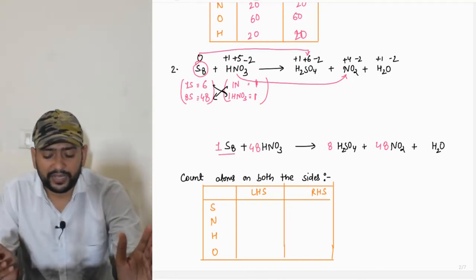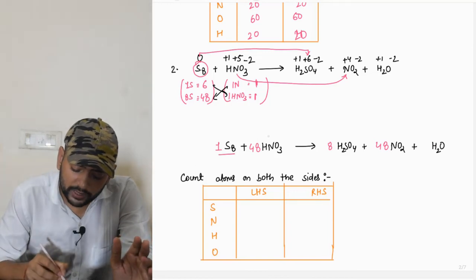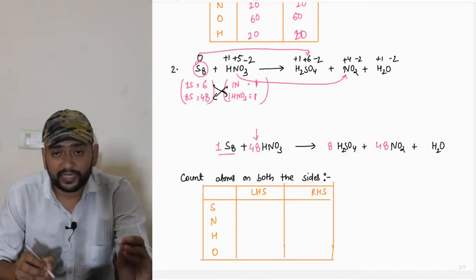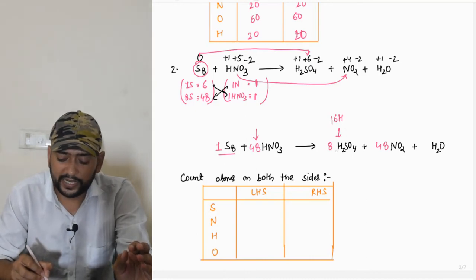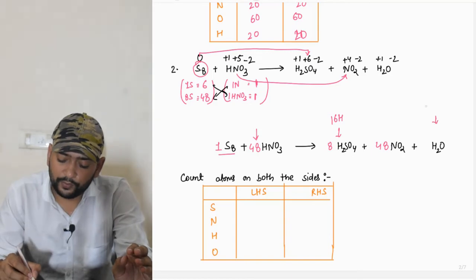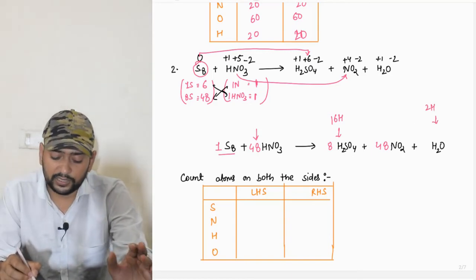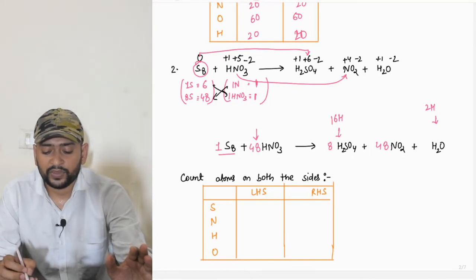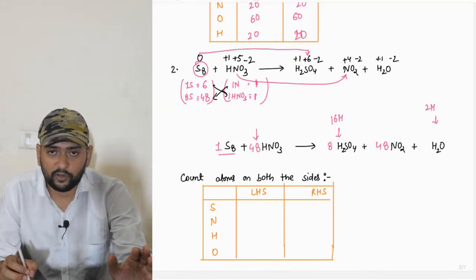In the next step we are going to balance the hydrogen. So let's balance it. Here we have 48 hydrogen on the left hand side, on the right hand side we got 16 hydrogen over here, 8 into 2, and in the next step here we have 2 more hydrogen. So 16 plus 2 we have total 18 hydrogen. So I need to adjust 30 more hydrogen.